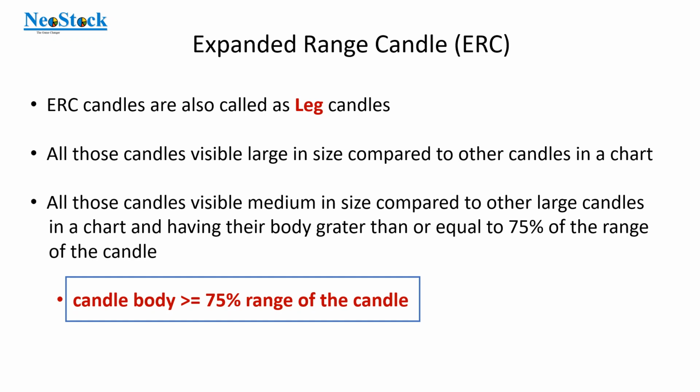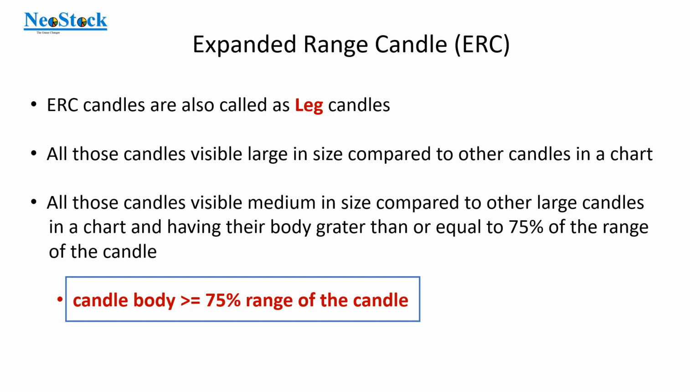So, if the body of this candle is greater than or equal to 75% of the range, so more than 75% of the range of the candle should be body, then you can call that candle an expanded range candle.